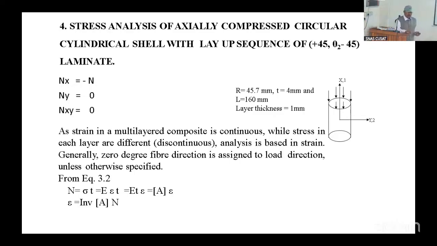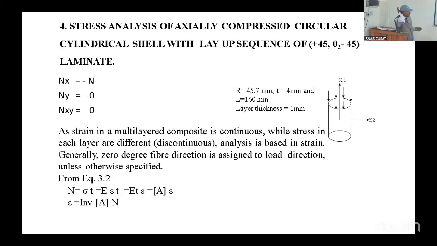So, dear students, now we wanted to make analysis how to do it. So, always you apply load in the vertical direction. So, that vertical direction is referred as 0-degree fiber direction.